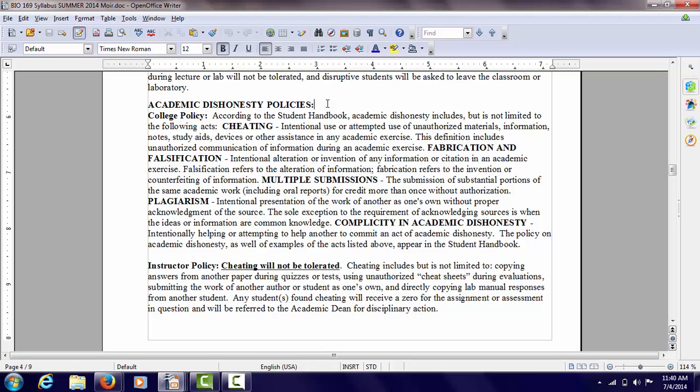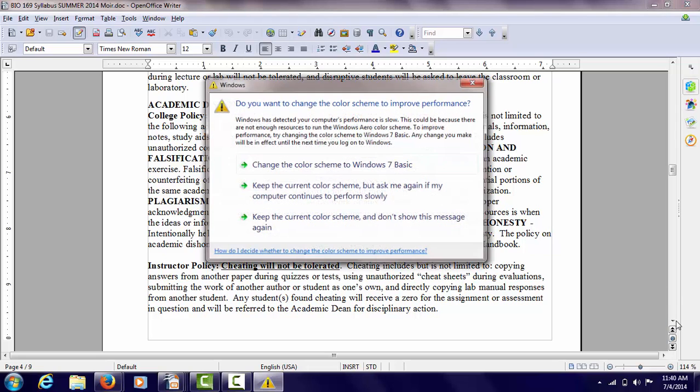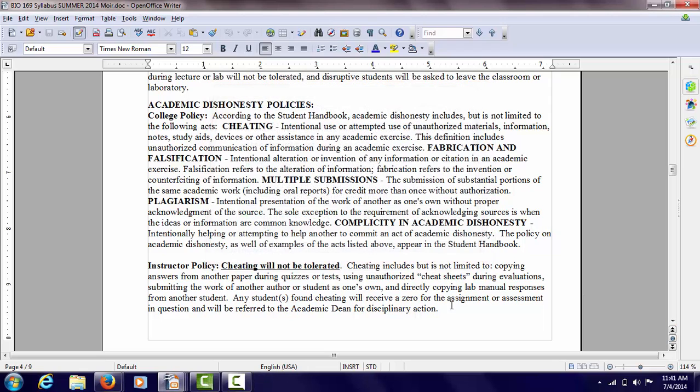If you are found to be cheating, not only will you be kicked out of the class, you'll be kicked out of Gaston College in general, which will make it impossible for you to get into any program that you are choosing to follow, whether it be nursing program or physical therapy. So if you get thrown out of college, you're not getting into any kind of career path that you'd like to get into. So cheating will not be tolerated. I know it will be tempting to do so when all of our chapter tests are online, but there are ways that I can help correct that, and we'll go over that here in a few minutes.